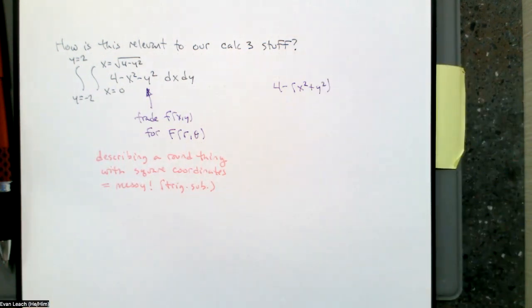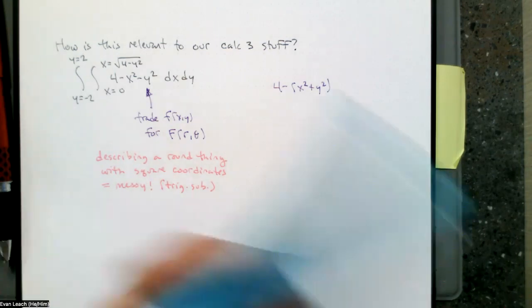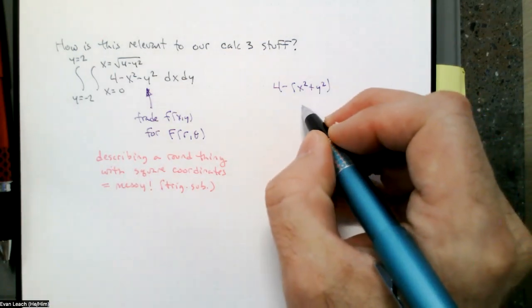Here was our function in terms of x and y. But we remember x squared plus y squared is a circle, and also x squared plus y squared is equal to r squared. So just replace the circle with r squared.